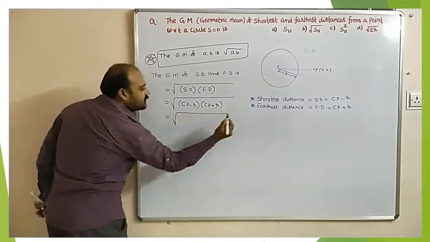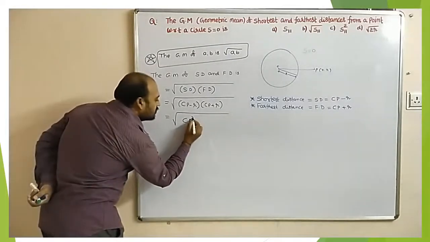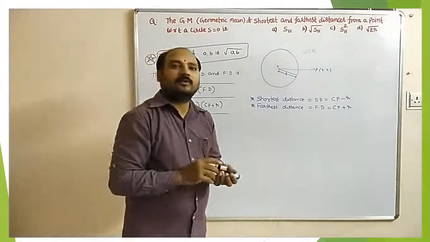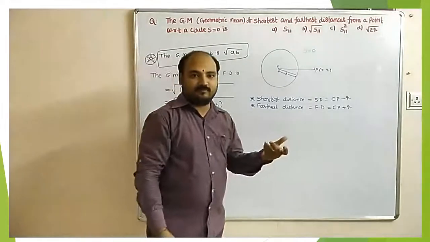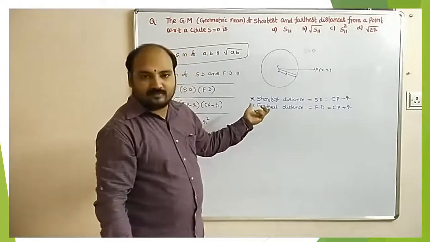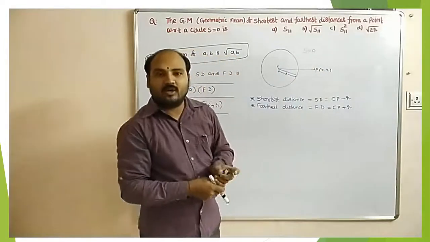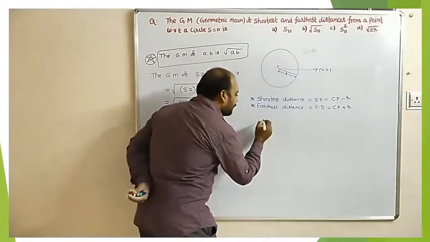It is in the form of (A plus B) into (A minus B), so A square minus B square. CP square minus R square. What is that value? Whenever the point is P (x1, y1) with respect to the circle S is equal to 0, it is the power of the point.